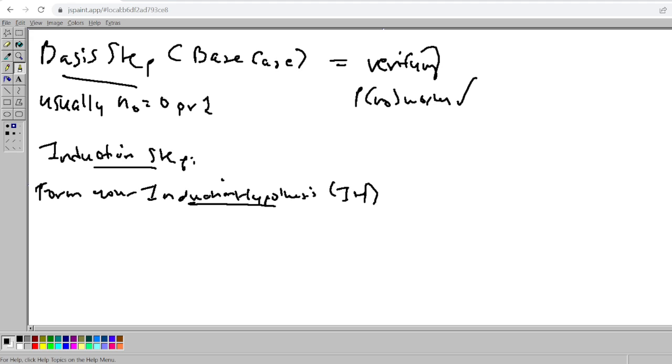Basically, just show what you're trying to prove. The assumption that P of n is true for all n in Z, with n between n naught and k, is the hypothesis. So basically, if you have a property P, your hypothesis is stating that if P of k works, then that will imply P of k plus 1.